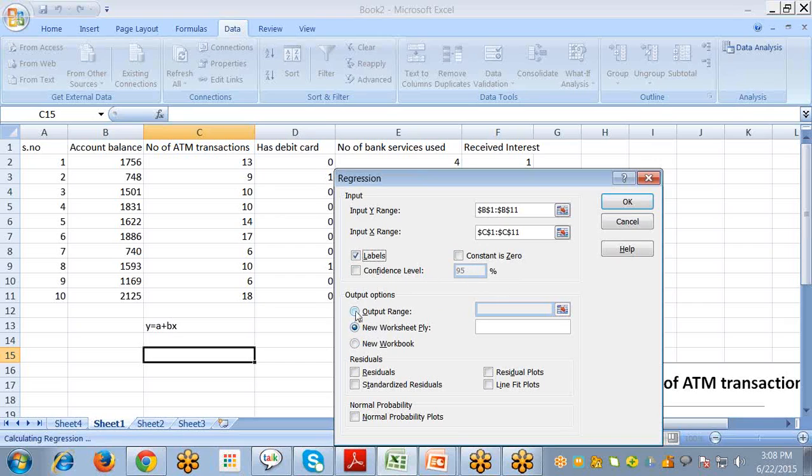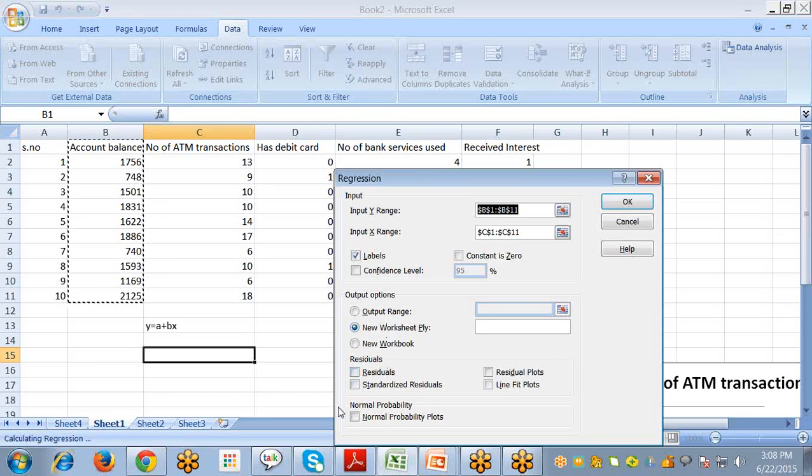The output options denote that if I select Output Range, that means we are selecting a cell, and we want our output in this sheet at the cell we want. New Worksheet means I want my output in another sheet, and New Workbook means I want my output in another workbook.